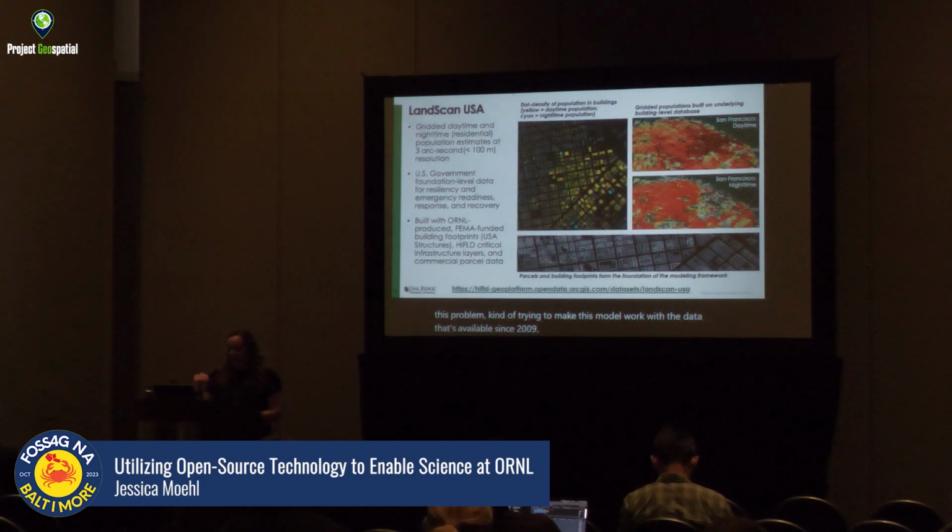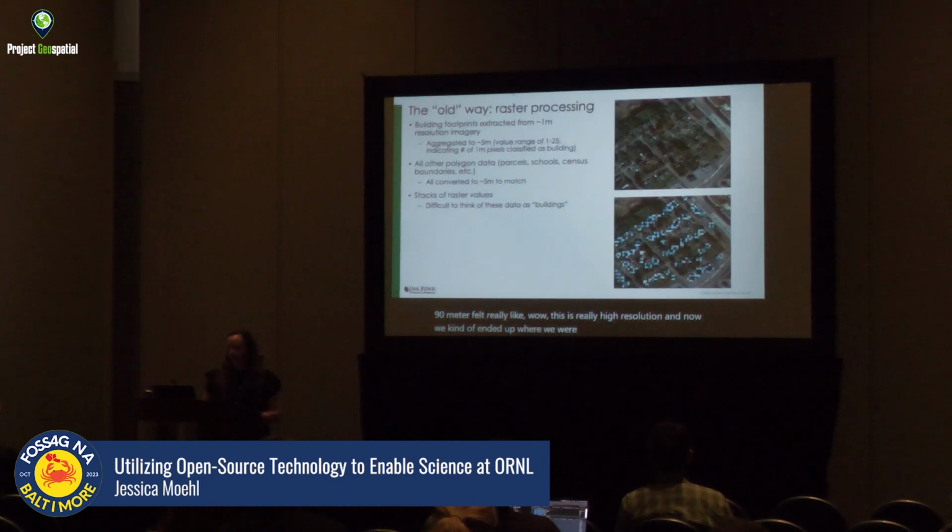90 meters felt like, wow, this is really high resolution. And we ended up processing all of that into rasters. So before, we had a time period from 2005 to 2012 as epoch 1 of LandScan USA, is how I think of it.